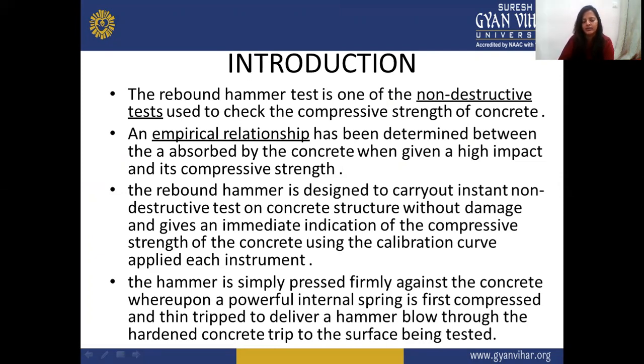The hammer is simply pressed firmly against the concrete, whereupon a powerful internal spring is first compressed and then released to deliver a hammer blow through the hardened concrete tip to the surface being tested.